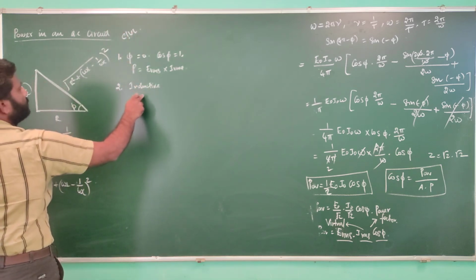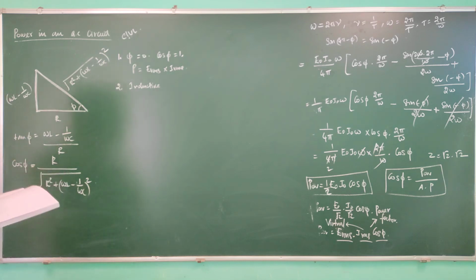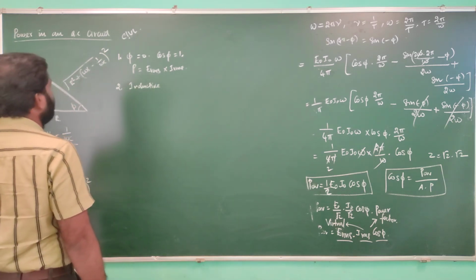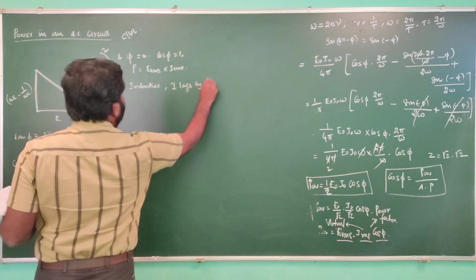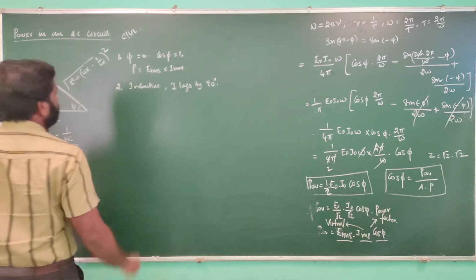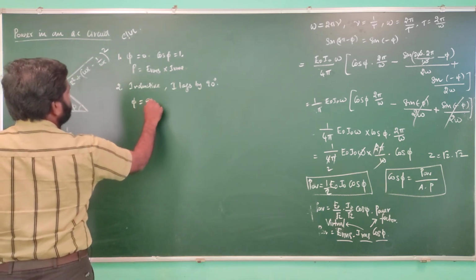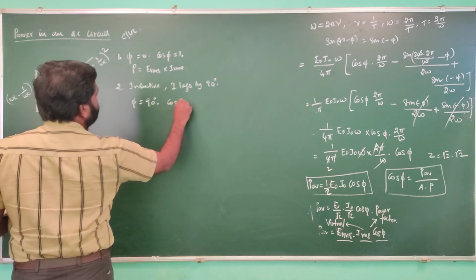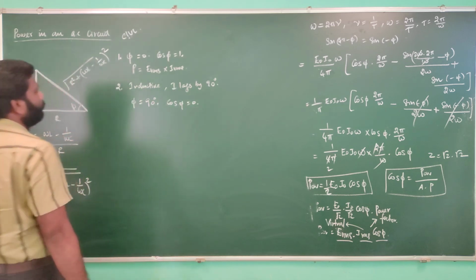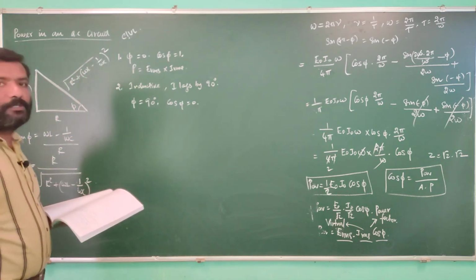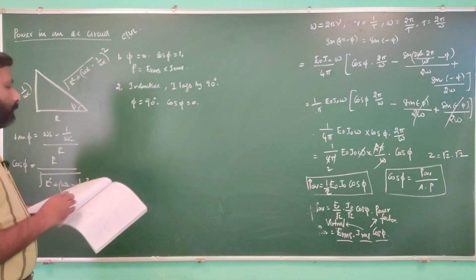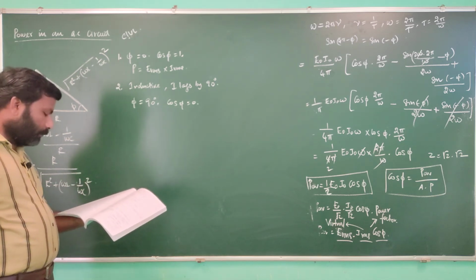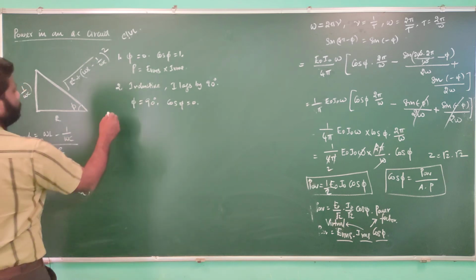In a purely inductive circuit, voltage leads the current by 90 degrees, so that current lags by 90 degrees. So phi becomes 90 degrees, cos phi becomes 0. If cos phi is equal to 0, then the product will be 0. So the true power is 0.